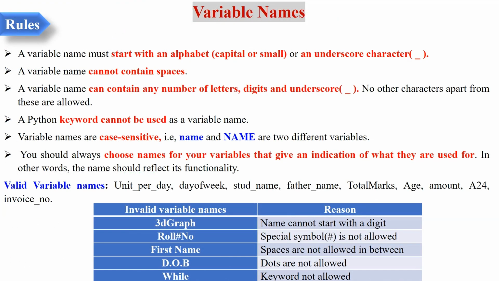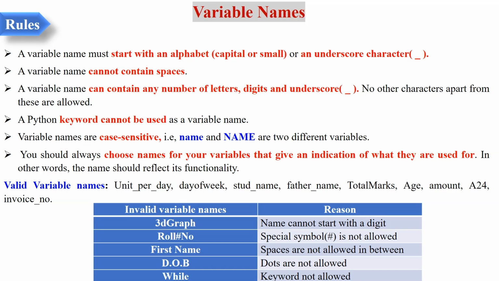Next, we can learn about variable names. The rules are as follows. A variable name must start with an alphabet, capital or small, or an underscore character. A variable name cannot contain spaces. A variable name can contain any number of letters, digits, and underscores. No other characters apart from these are allowed.